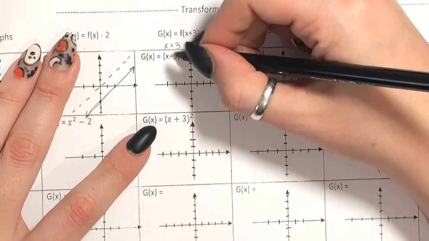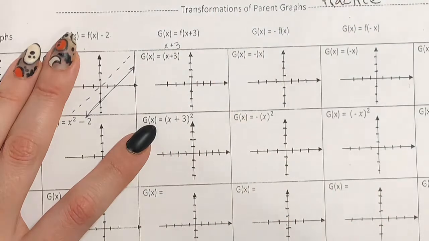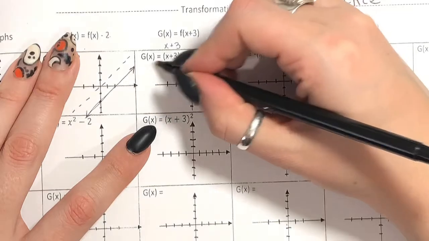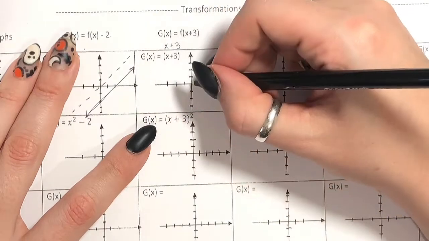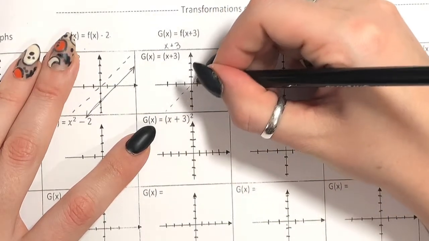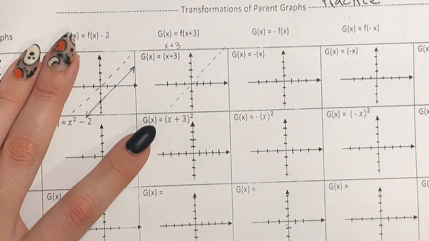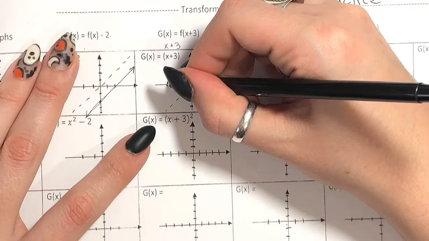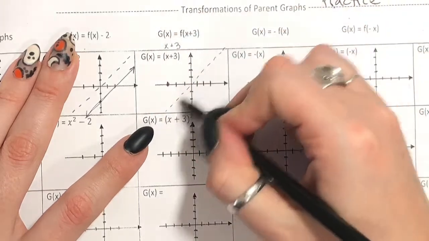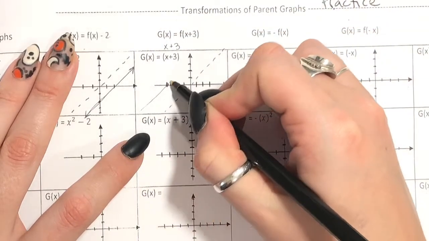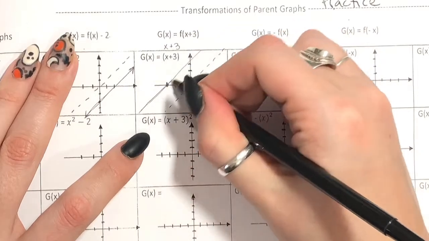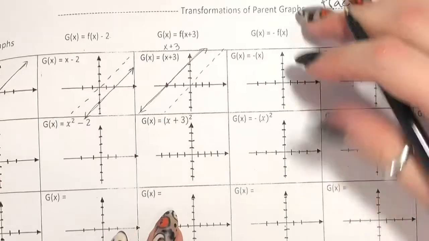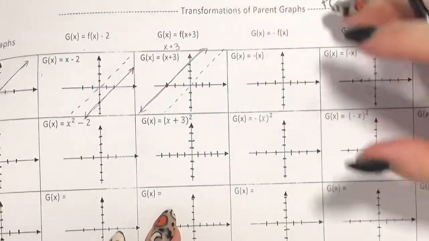So this plus 3, remember the horizontal shifts are kind of backwards to what you would think they are. Plus 3 actually means to go left 3. So rather than have our graph going through 0, 0, there's the parent function, we would move it over 1, 2, 3 places to the left. And again, we're keeping that same slope, it's just we're shifting that over. And I'm not very good at drawing a straight line, but that's close enough. Okay, so we've just taken that and shifted it over 3.